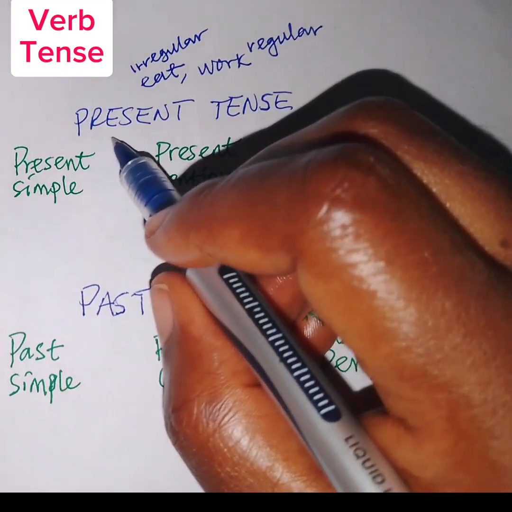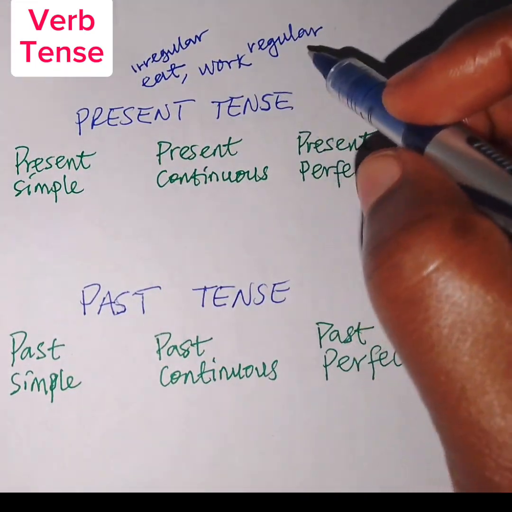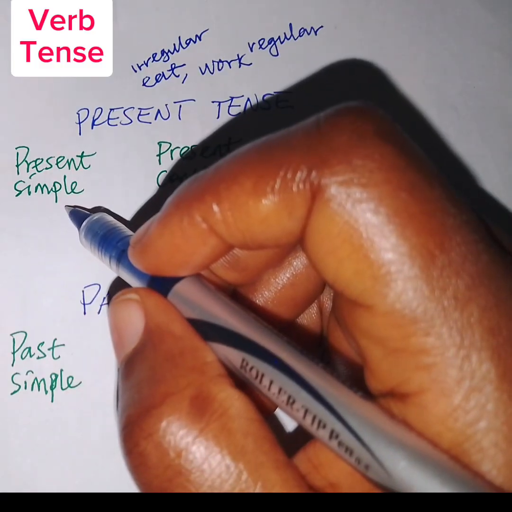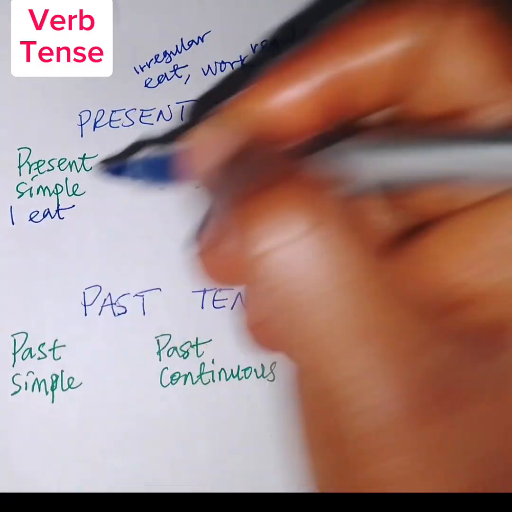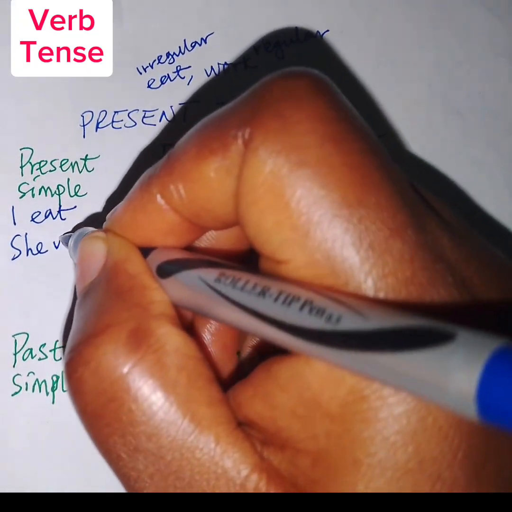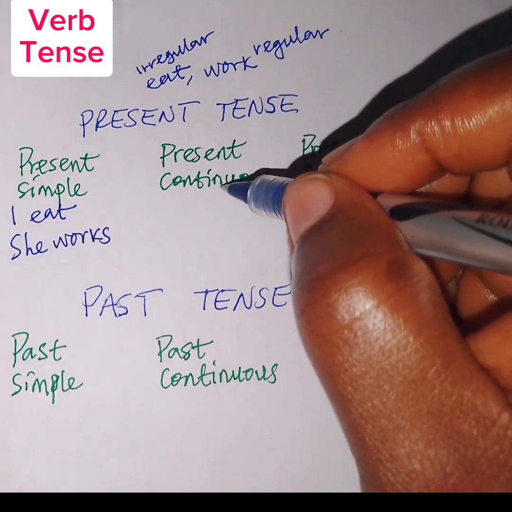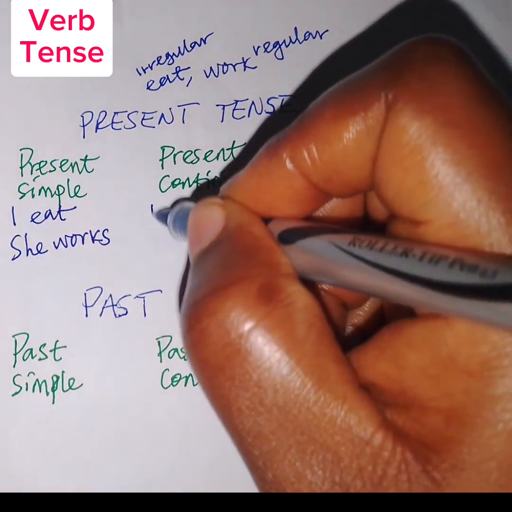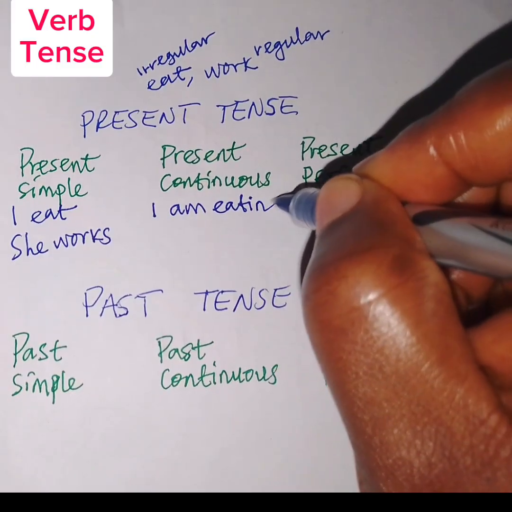Okay, the first one is present tense. Under present tense, we have present simple. Example, I eat. She works. Present continuous. I am eating.